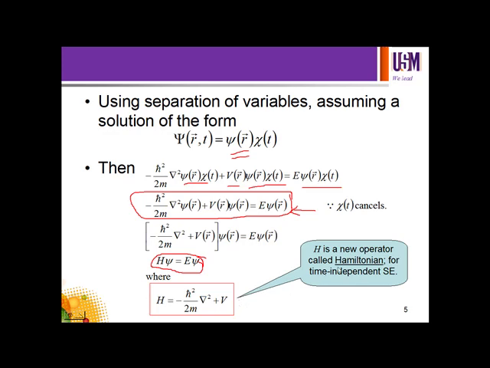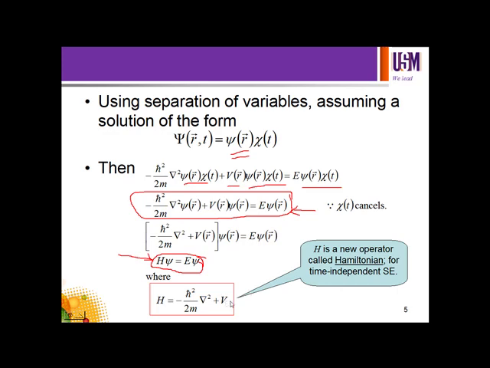This is a new operator. Remember that when we have this form, the coefficient of psi on the left hand side must be an operator. So H is an operator. It's a new operator called the Hamiltonian, and this is only for the time independent Schrodinger equation. So the Hamiltonian exists only for the time independent Schrodinger equation.